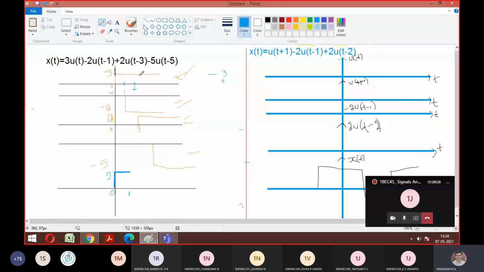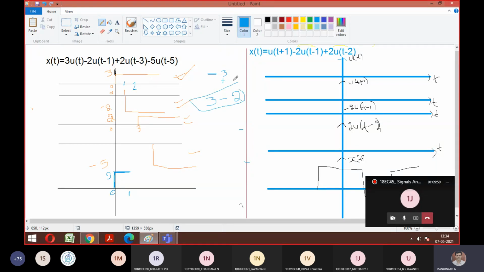From 1 to 2, you can see it has a constant amplitude signal, and here there is a negative amplitude with a dip. Before going for that, you can trace at 1 also. At 1, the constant has amplitude 3, and here at 1 it is minus 2. So 3 minus 2 at 1.